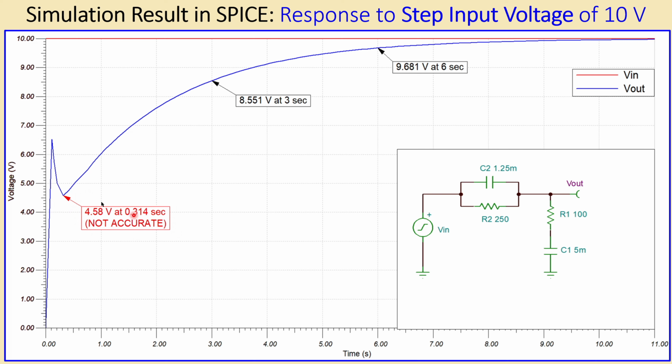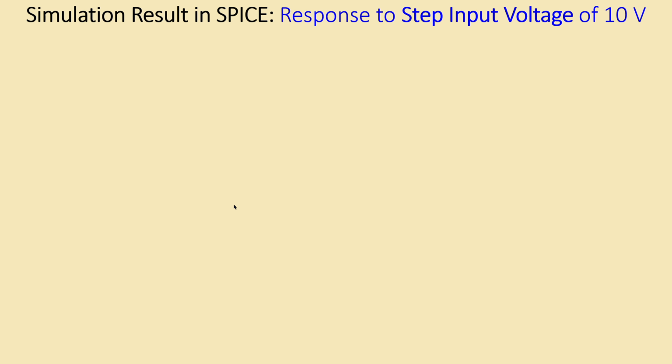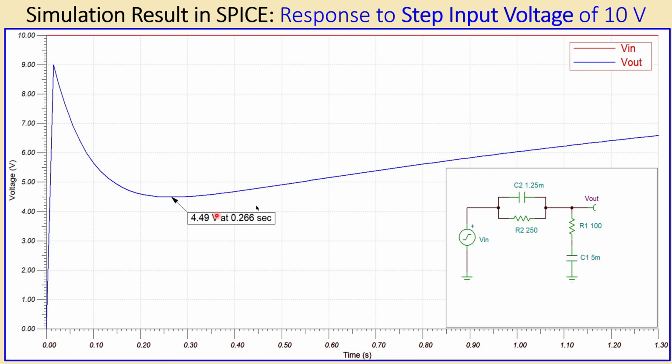The reason for this inaccuracy is that this is not sampled accurately in that simulation. So in order to do that more accurately, you can zoom in on that part. I do the simulation in Spice again and zoom in. I just plot not from 0 to 10 seconds, but from 0 to 1.3 or 1.4. Then I have more samples for my location.